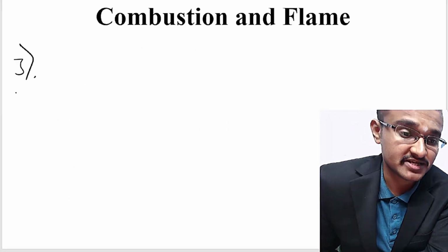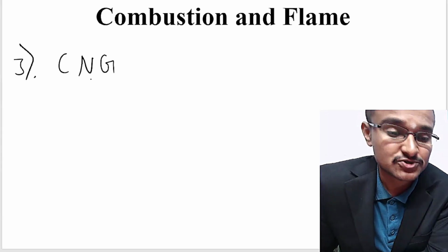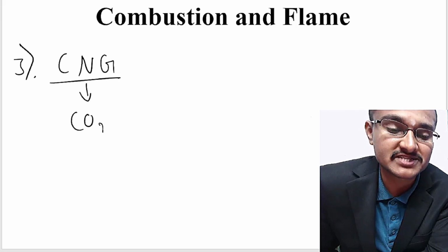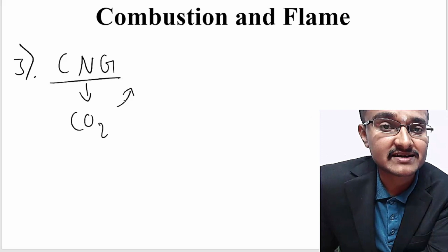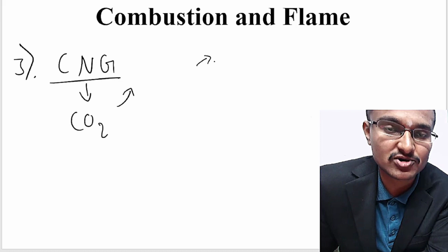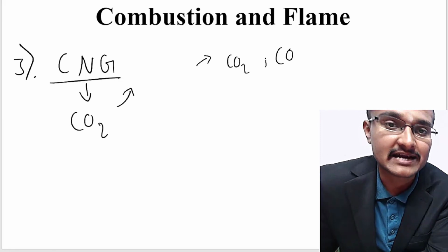Coming to the third question, how CNG is reducing pollution in our cities. Use of CNG will actually reduce the amount of CO2 released into the atmosphere, because petrol and diesel contain a lot of carbon molecules which react with oxygen molecules, and a lot of carbon dioxide and carbon monoxide is released into the atmosphere.